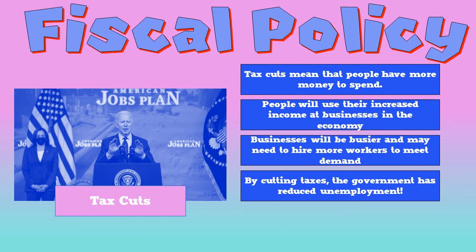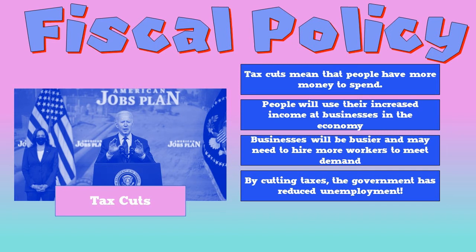So this is going to sound like common sense, but we've got to go through it step by step, to make sure we can connect the effect of reducing unemployment to the cause of cutting taxes. So when the government cuts taxes, when they reduce the amount of money you have to pay in taxes, that means you have more of your own money to spend. When you have more of your own money to spend, you're probably going to use that. You're going to go buy goods and services from businesses.